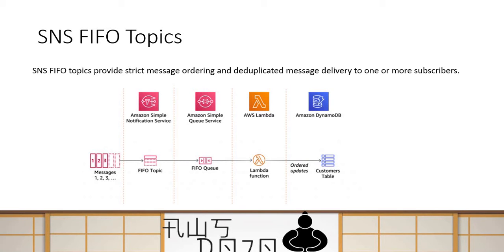When you publish your messages to an SNS FIFO topic in a certain order, those messages are delivered to the subscriber, whether it's one subscriber or more than one subscriber, in the same order they have been published. Other than ordered message processing, SNS FIFO topic also supports deduplication of the messages.